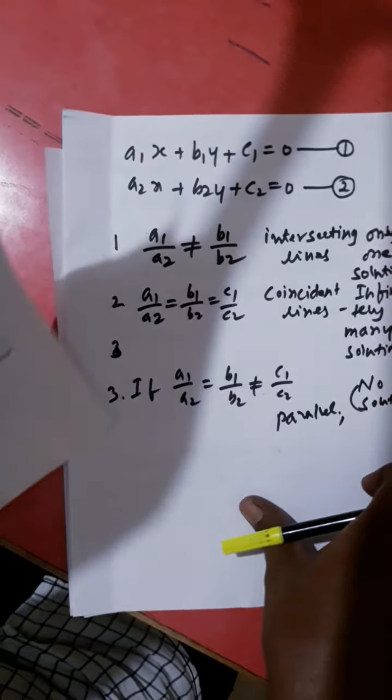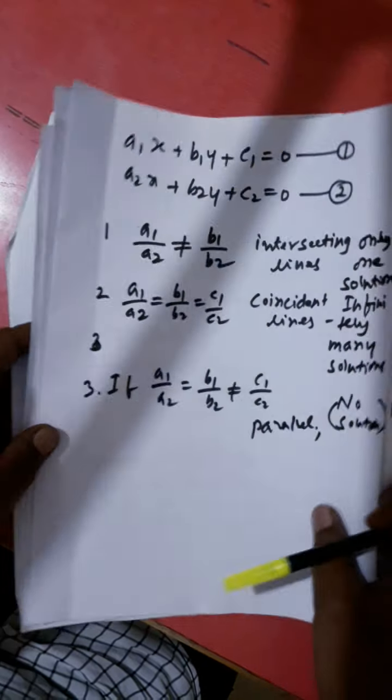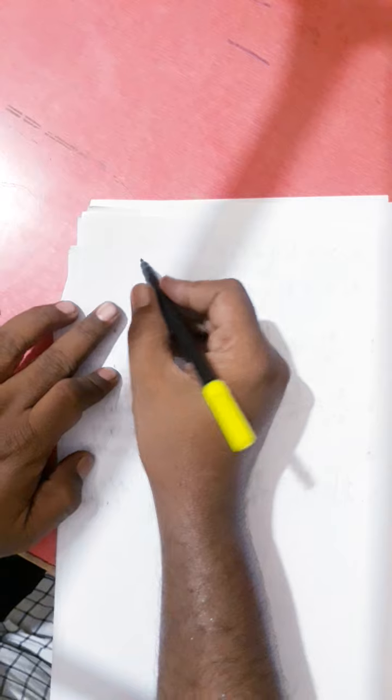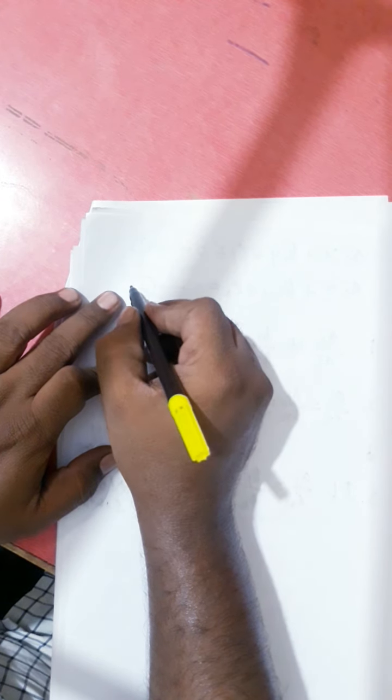In the starting first video of pair of linear equations, I told you what are consistent and inconsistent systems of equations. Consistent equations, what are they? Those which have solutions.